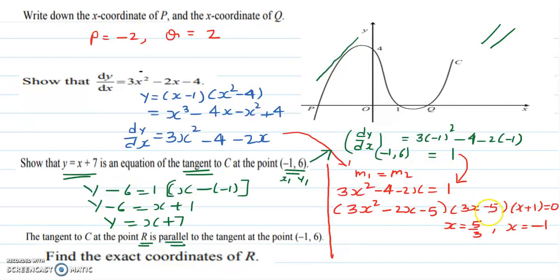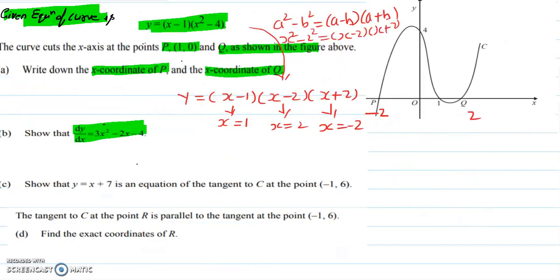Because the tangent is parallel, definitely we are taking x equals 5 over 3. So let's put x equals 5 over 3 in the equation. What was our equation? It was y equals (x minus 1)(x squared minus 4).